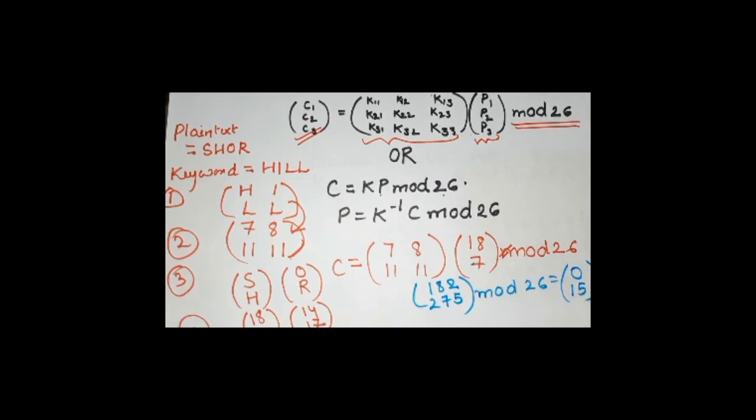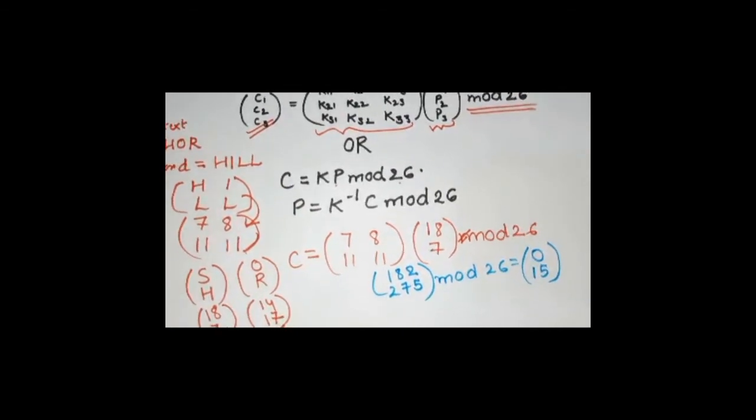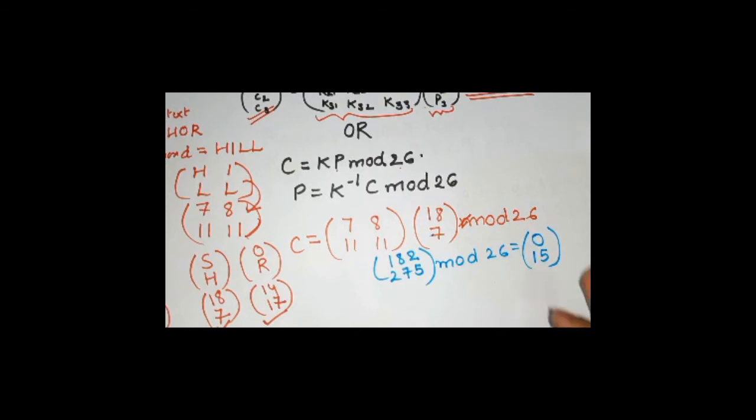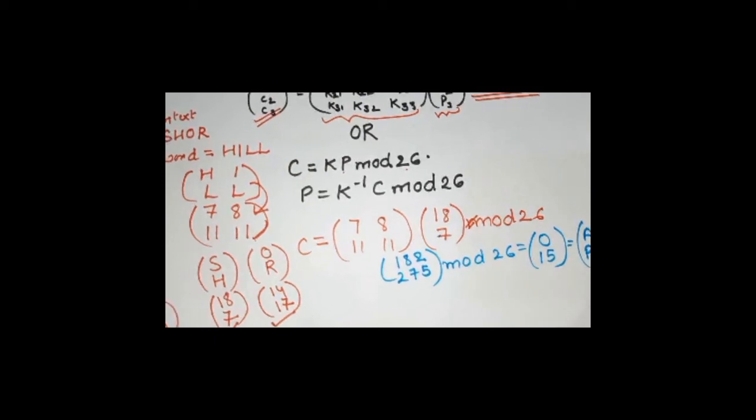This is the first matrix that you're getting, 0 and 15. Now when you find out the alphabetical values, 0 is A, 15 is P. Therefore S and H, which was plain text, is now converted into ciphertext A and P.